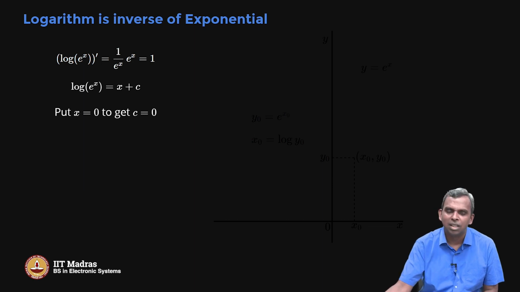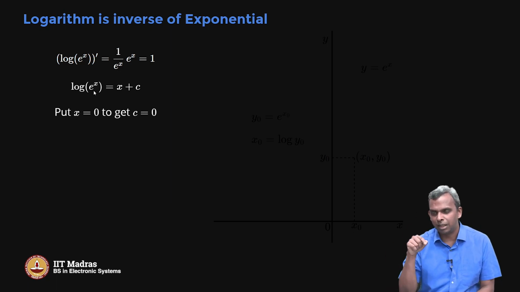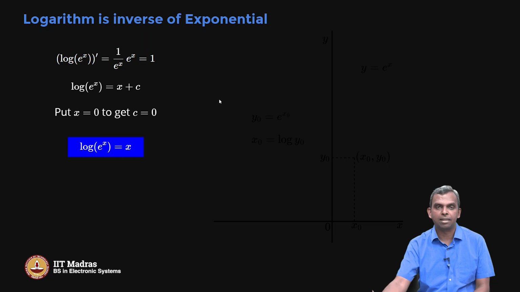So I told you why we choose the base integral a as 1, integral 1 to x. If you choose something else other than 1 here, c will not become 0. So you won't get this log to be a perfect inverse of the exponential. That comes from that choice of 1. So you put x equals 0 and log 1 will become 0 and 0 equals 0 plus c and c is 0. That's the important thing. So log of e power x is x.